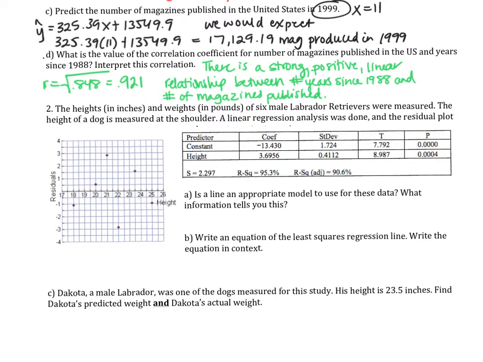We see that r squared is 0.953, and so we can take the square root of that and determine that r is 0.976. So we have a high r value of 0.976 and a high r squared value of 0.953, and the residual plot looks random.